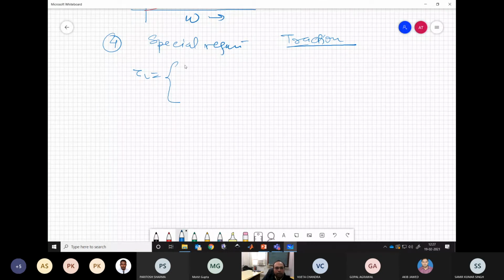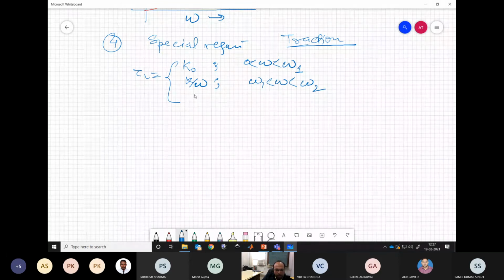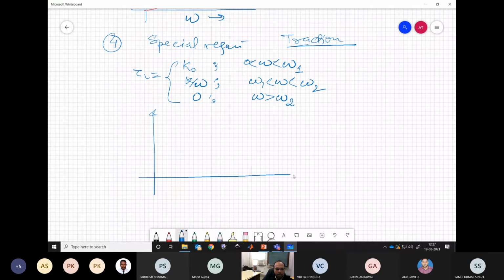Let us say a constant for some range of omega, then inversely proportional to omega for another section of angular speed, and then the requirement may be insignificant for omega greater than omega 2. So this is how a typical traction load requirement looks like.